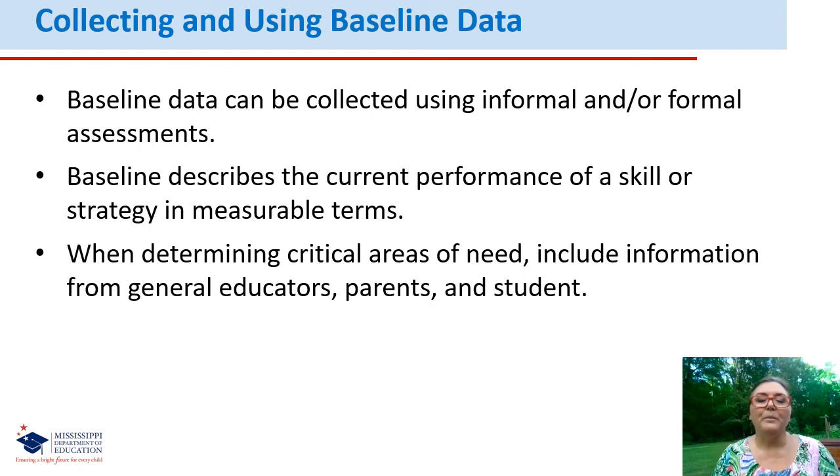As we're determining those critical areas of need and what we're going to address with measurable annual goals, we then have to figure out what's the baseline, what can our student do now? And that's going to take information from parents, from teachers, from the student, from those general ed teachers that work with that student. So we can collect the data from several different places and people.